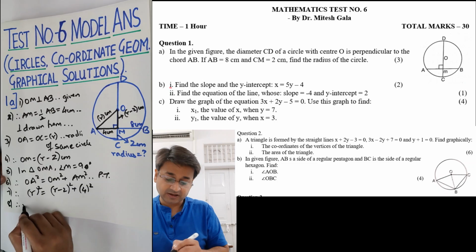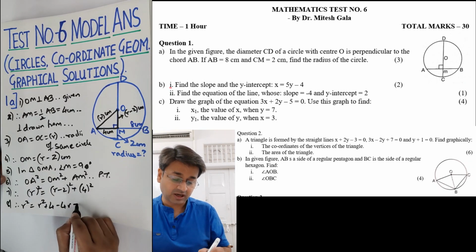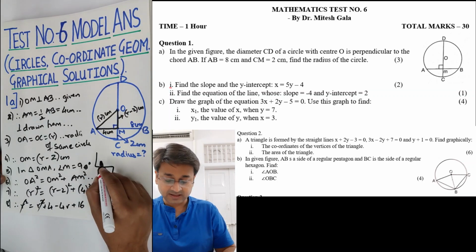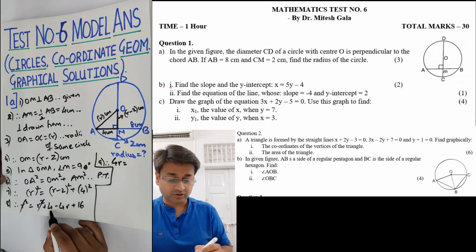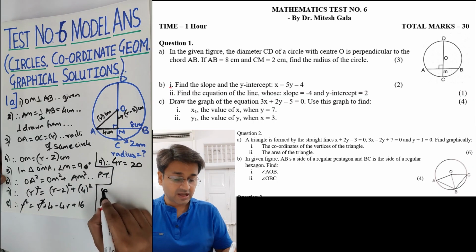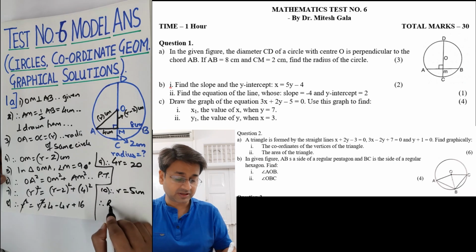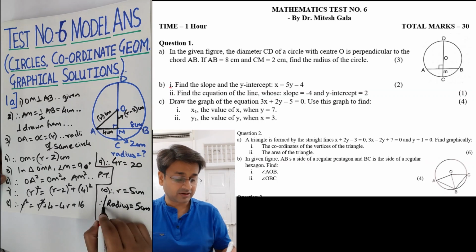So what will I get? r square equals r square plus 4 minus 4r plus 16. So r square will get cancelled and what I then get is 4r pushed on the other side, so positive, is equal to 20, and final step, therefore r is equal to 5 centimeters. So we can say therefore radius is equal to 5 centimeters.